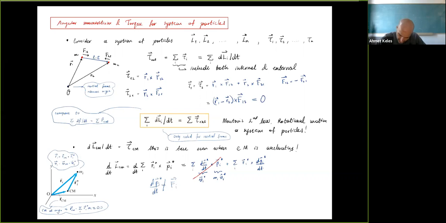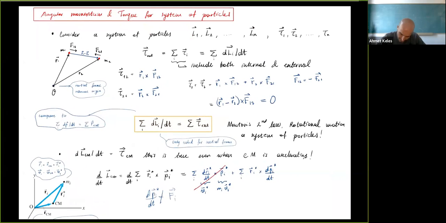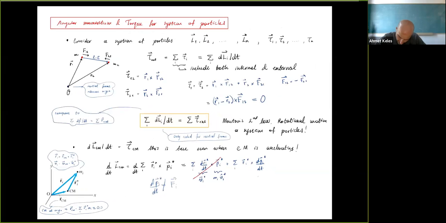And for the second one, I want to use this equation: p_i star is equal to m_i v_i minus m_i v center of mass.